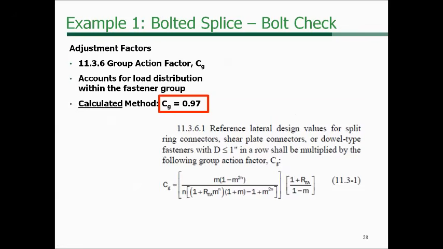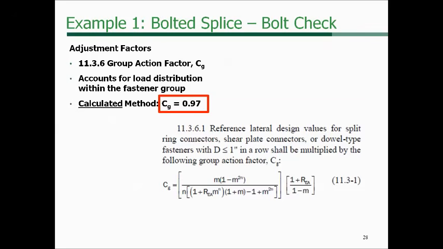And then we've got something called the group action factor. What the group action factor accounts for is load distribution within the fastener group. So this is kind of a monster equation here. There's a lot going on. It's probably one of the more nasty equations that we have in the NDS.